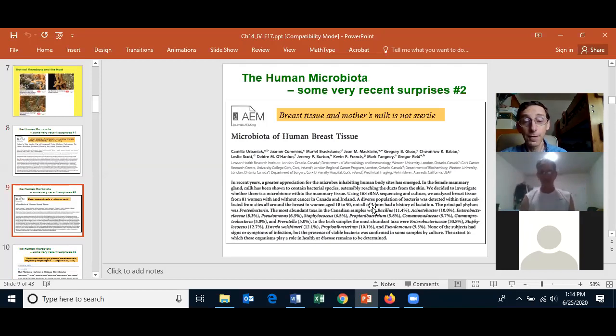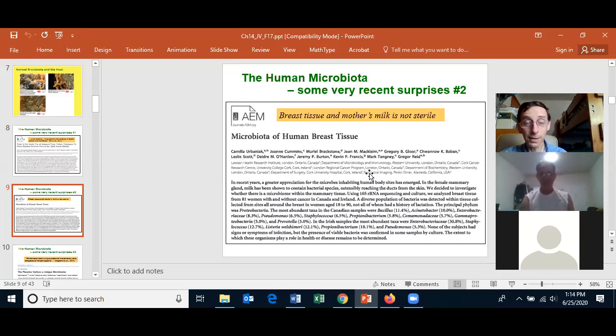And then the human breast tissue, we're talking about females, does have a normal microbiota in the breast tissue. And mother's milk is not sterile. It has a normal microbiota in it. So infants, when they're breastfeeding, they're getting a normal microbiota from their mother.